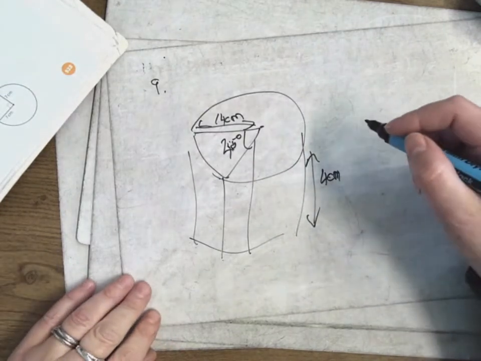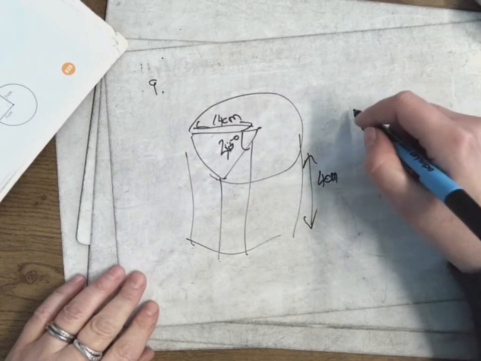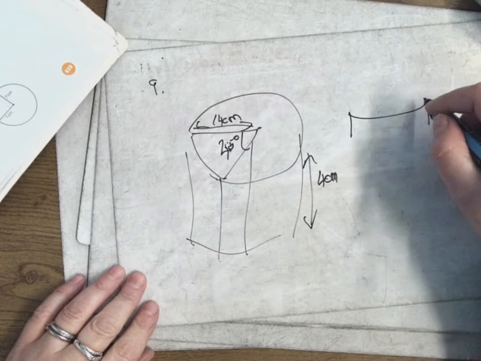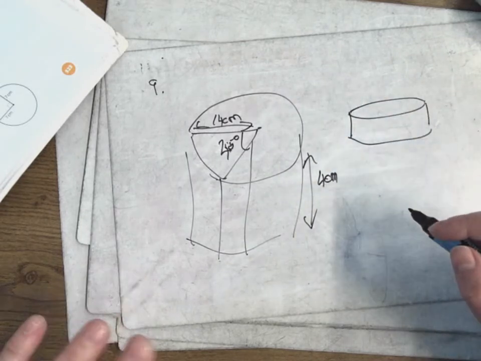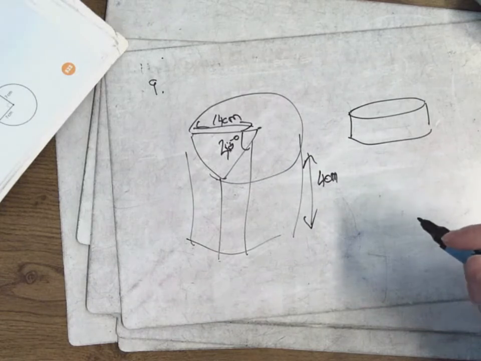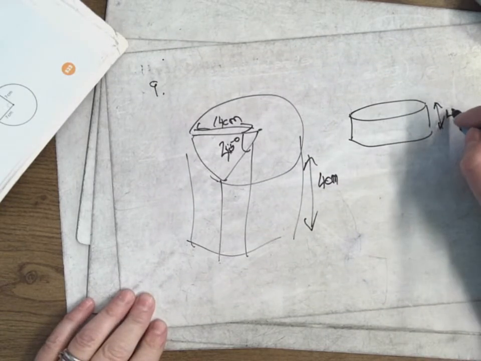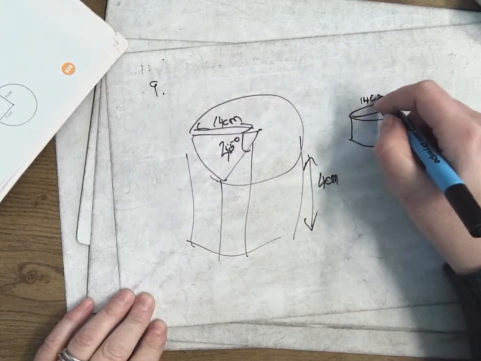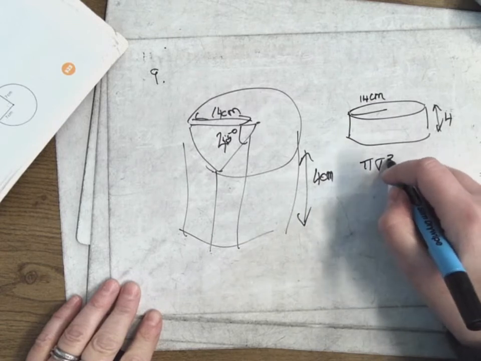So what we're going to do is get the volume of the whole cylinder, as if the cheese was a whole cylinder. That's a really bad depiction of it. So that's what we're going to do first. That's 4 centimetres, and the radius is 14 centimetres. Off you go to your log tables, pi r squared h.